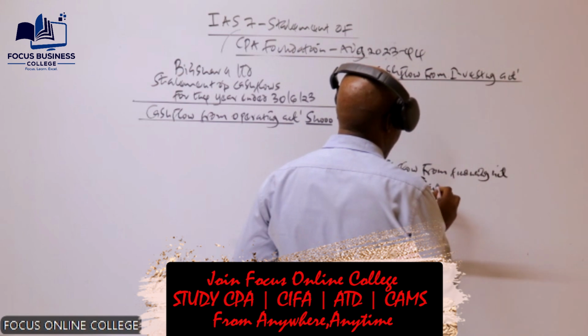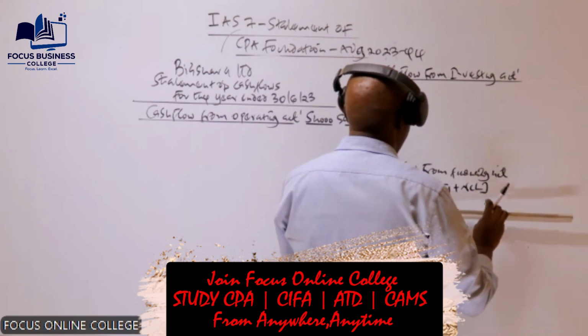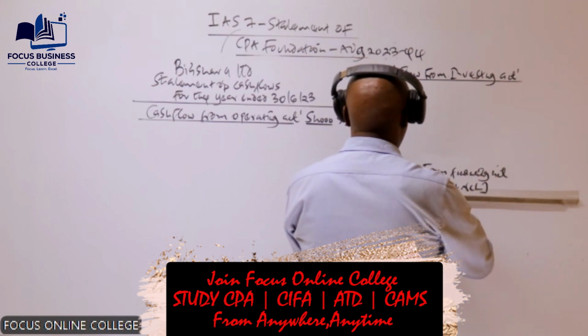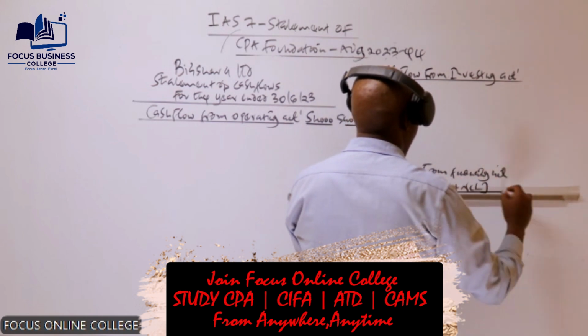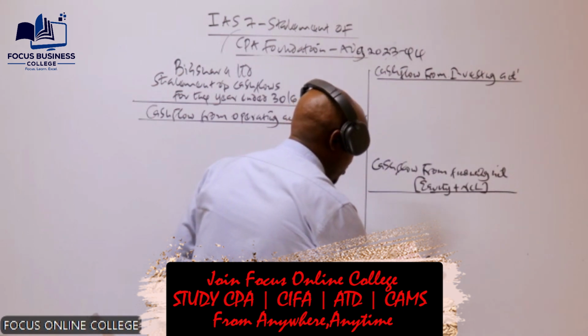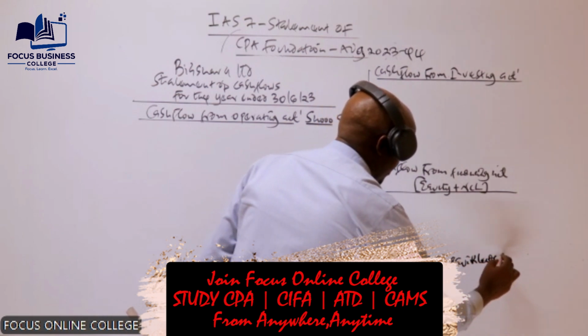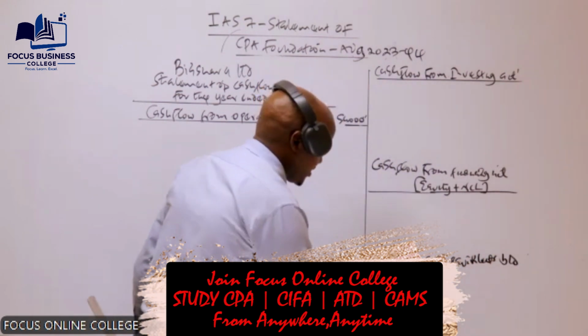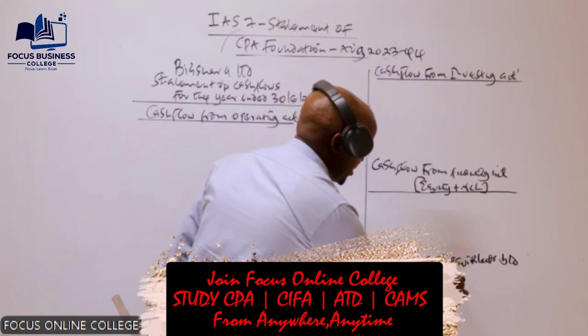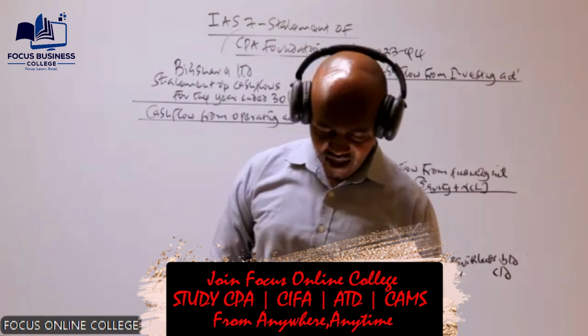Remember, I've said all the items we record here, we get them from the equity and current liability section. And then down here, we record the cash and cash equivalents at the start, and the cash and cash equivalents balance carried down.